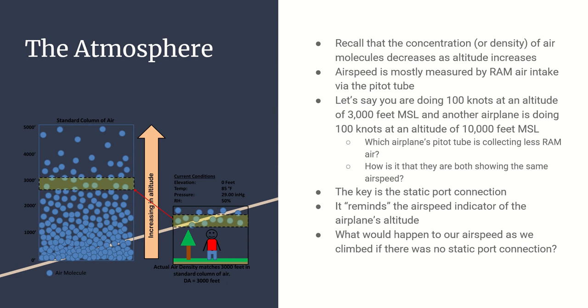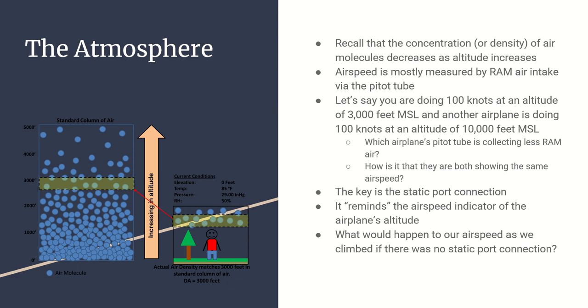So if we're at 3,000, we know that we have a decent amount of air molecules concentrated in the air because we are at a lower altitude. And what this means is as we move through at 100 knots, our ram air pressure would be quite strong because it would be picking up a decent number of air molecules.